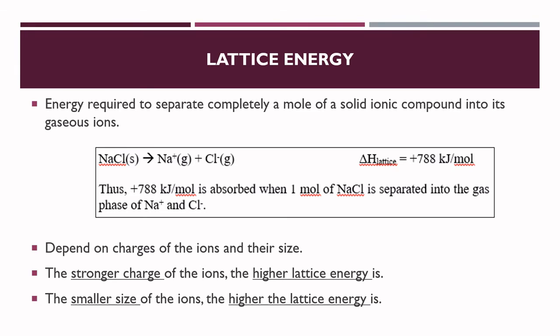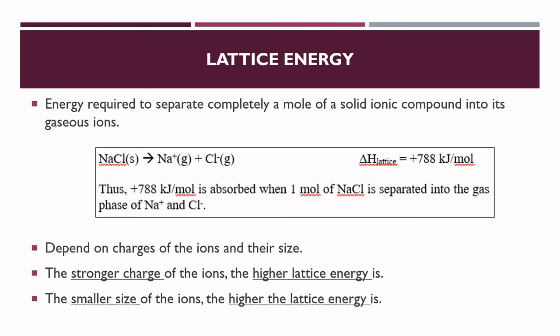The energy required to break this is +788 kJ/mol. So +788 kJ/mol is absorbed when 1 mole of sodium chloride is separated into the gas phase of Na+ and Cl-.